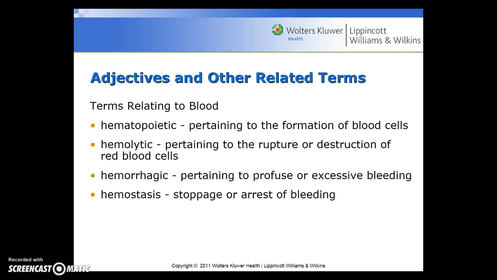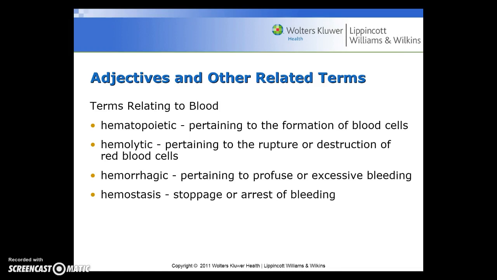So let's talk about some adjectives and other related terms relating to the blood. Hematopoietic is pertaining to the formation of blood cells. Hemolytic is pertaining to the rupture or destruction of red blood cells.